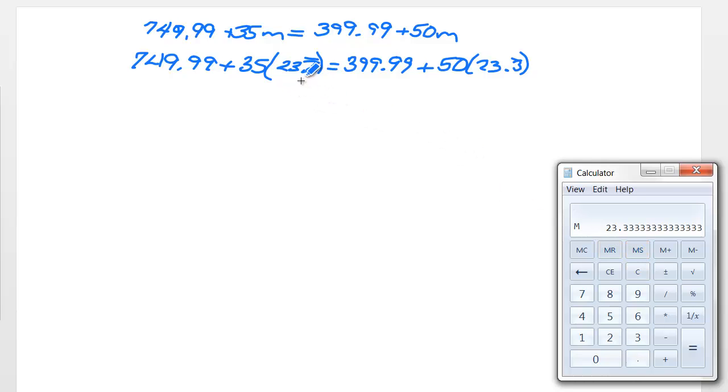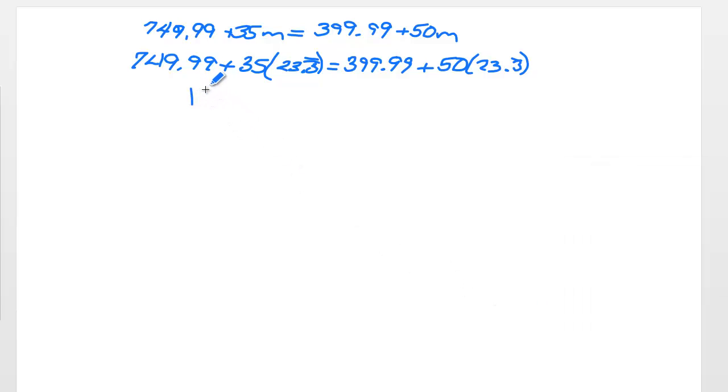Order of operations says to take multiplication first, so times 35, and then add the $749.99. And we get a total of $1,566.67.